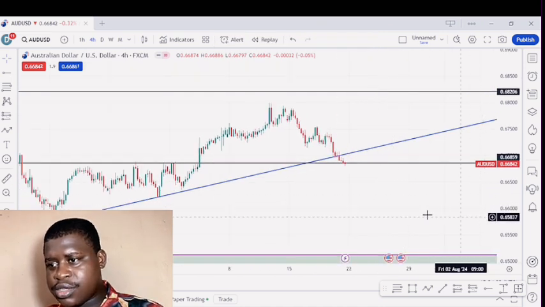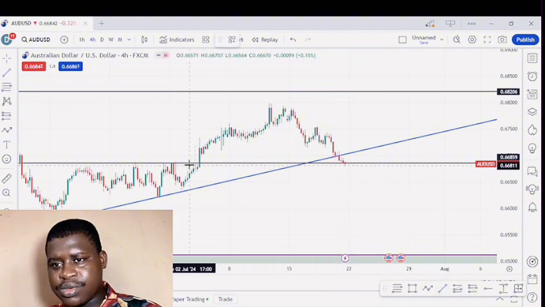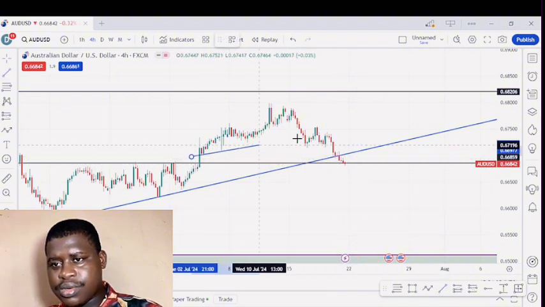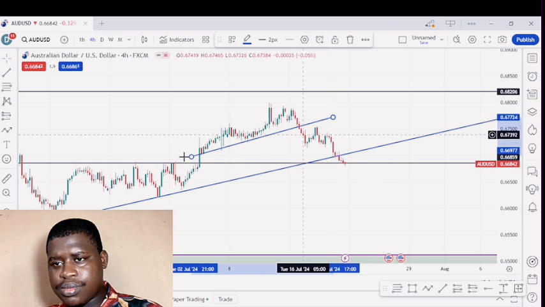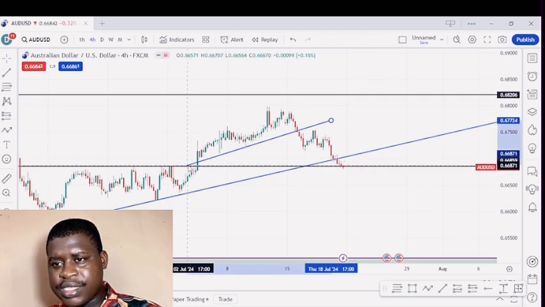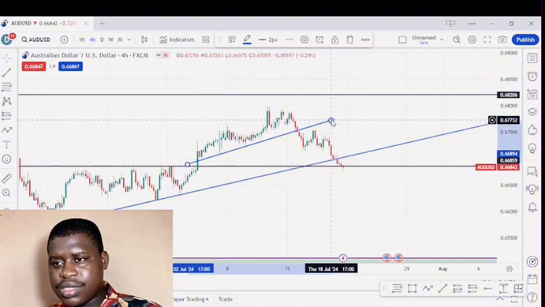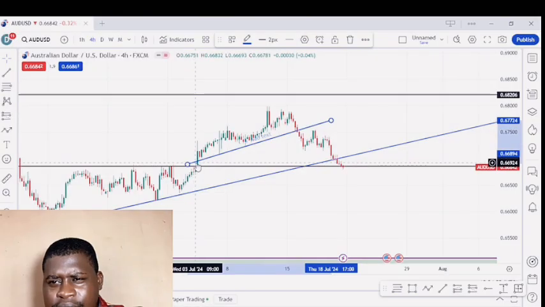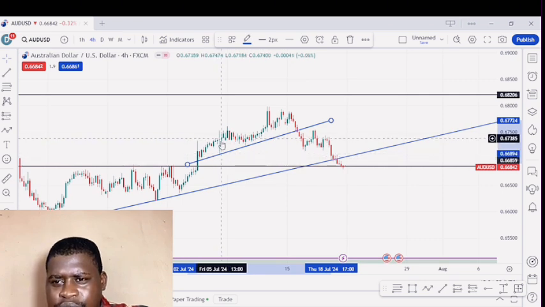But I left the trade somewhere around here when the market breaks out of this trend line. I use this trend line to guide myself on this trade. Immediately I entered the trade somewhere around here when I saw this wick of the candlestick pull back.